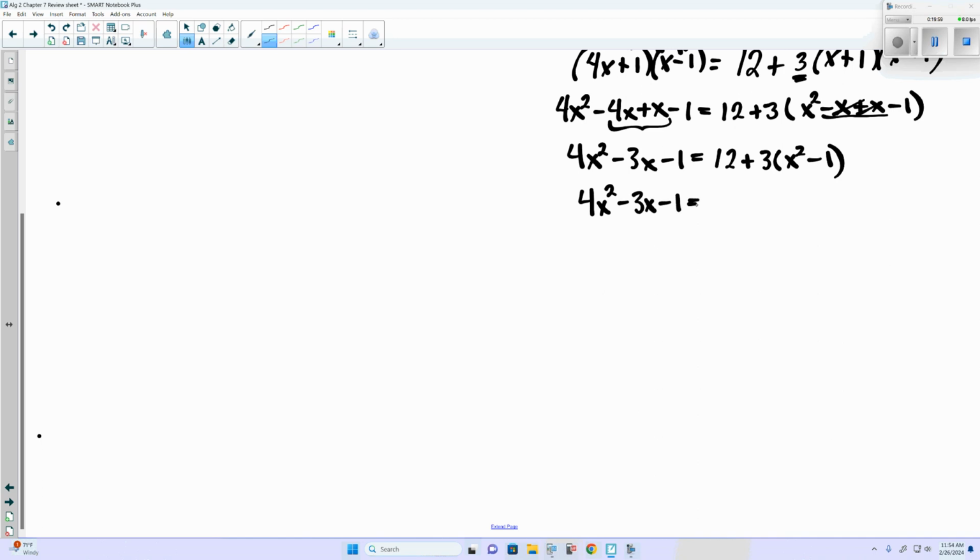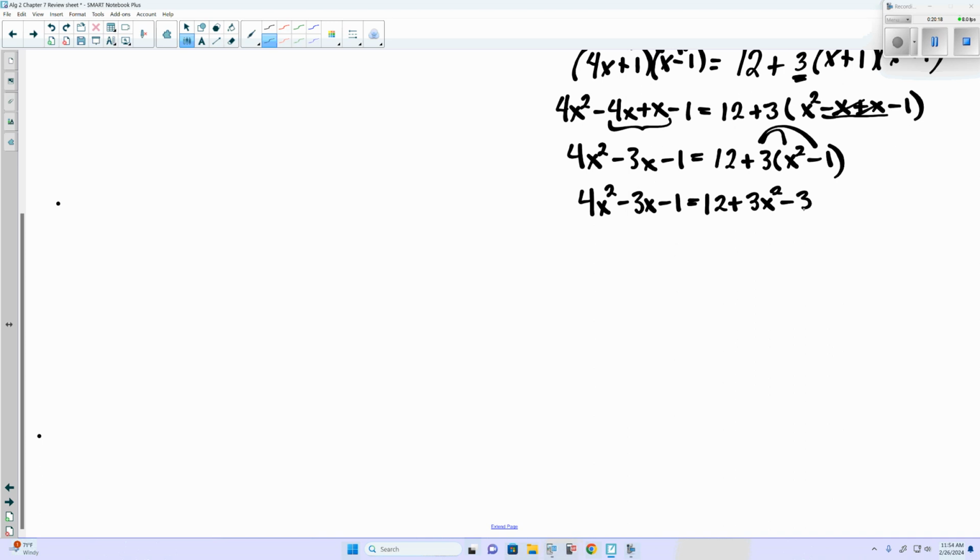Now, before we can do anything else, we've got to distribute one more time. We have to distribute that 3 through the x squared minus 1 to finish that out. Questions on this here?